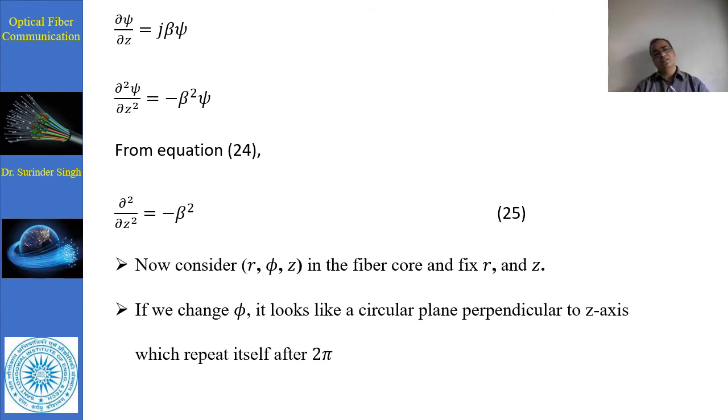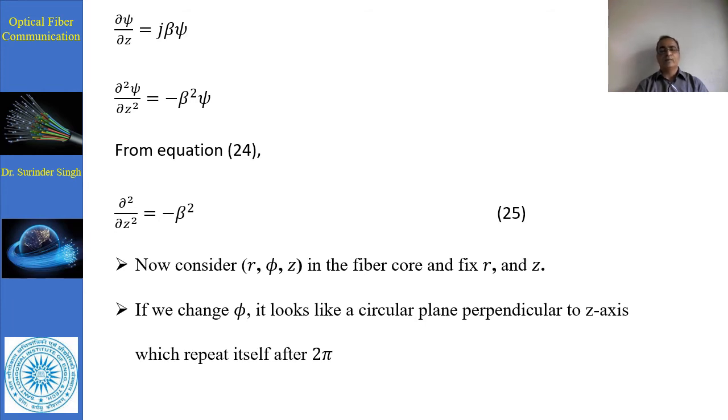From this equation 24, d square upon dz square is also equal to minus beta square. Now we have found the dependence for r and also for z.